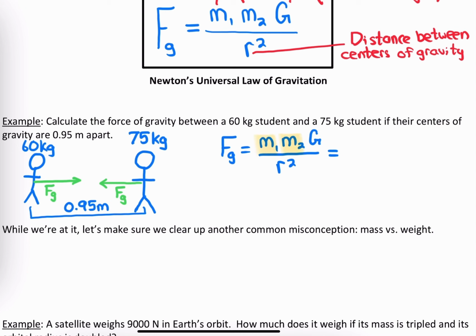Or maybe, if I'm honest, we actually don't have to figure that out. Because all I'm doing is taking those two things and multiplying them together, it doesn't matter which student I call m1 and which student I call m2, right? If this is 60 and this is 75, or if it's the other way around, it makes no difference. 60 times 75 is the same as 75 times 60, so I can just pick randomly which one I want to make m1 and which one I want to make m2.